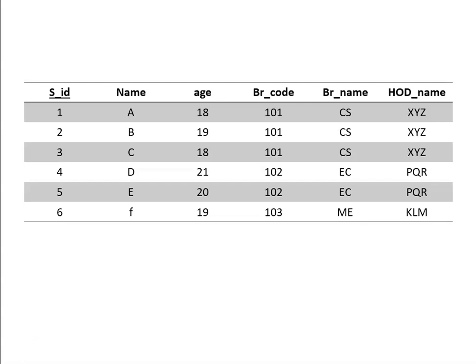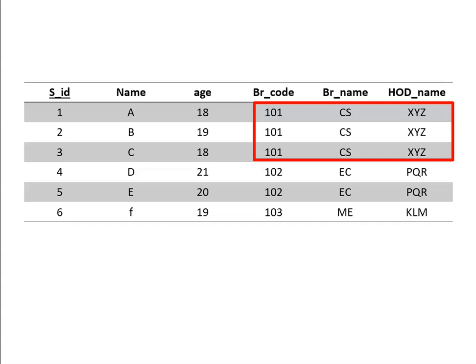If you look carefully at this table, there is a lot of redundant information which is actually not required, but is still stored in this table. The redundant information is the branch code, the branch name, and the HOD name, repeated with respect to each and every student.